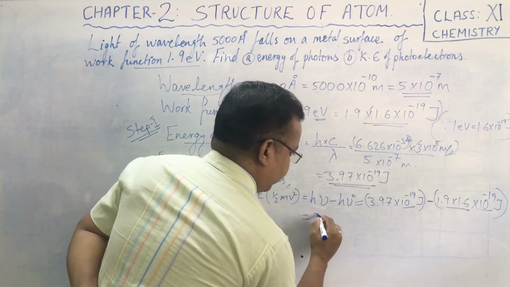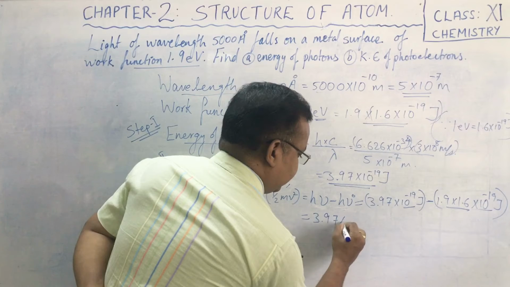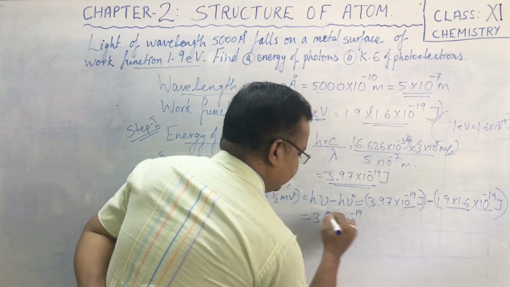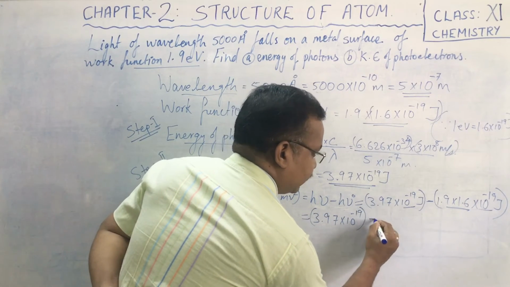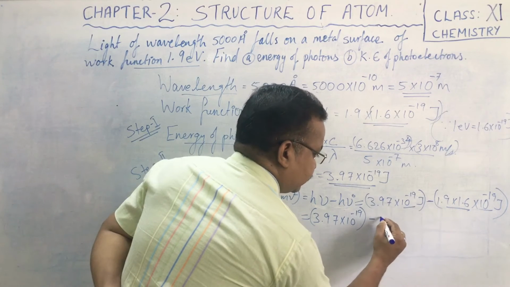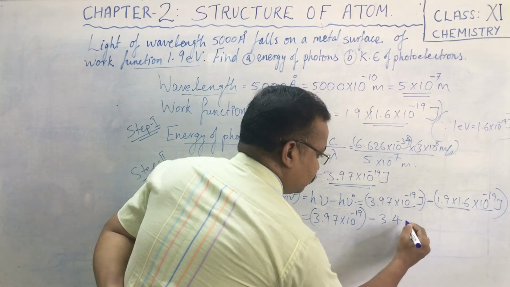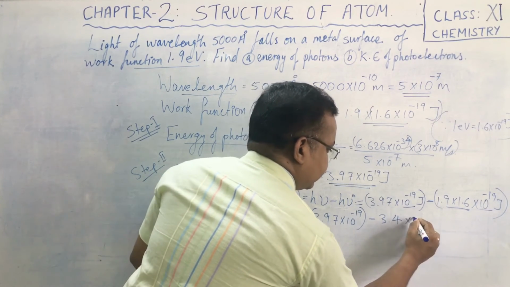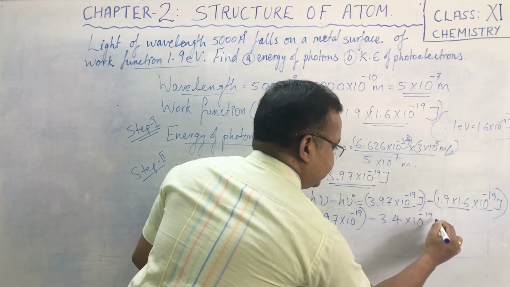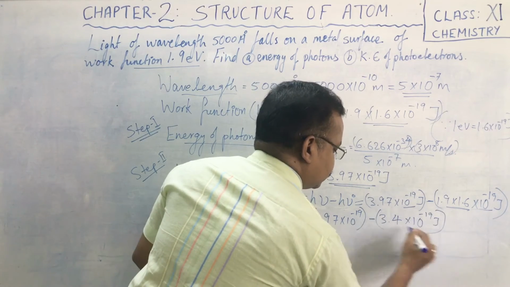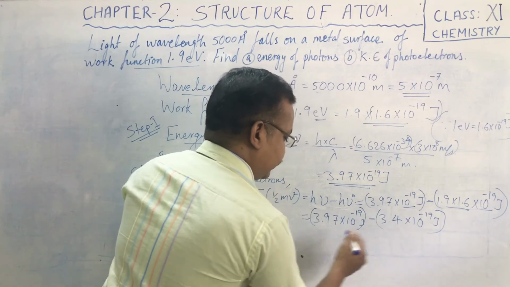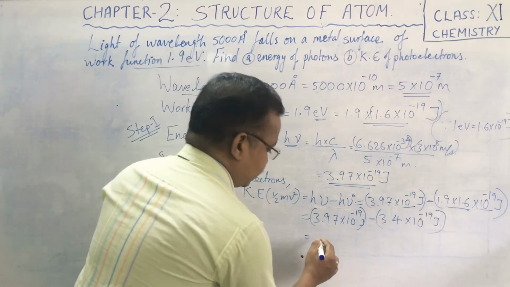This is equal to 3.97 into 10 raised to minus 19 minus 3.4 into 10 raised to minus 19 joules. Since both are in joules, you can subtract these two.